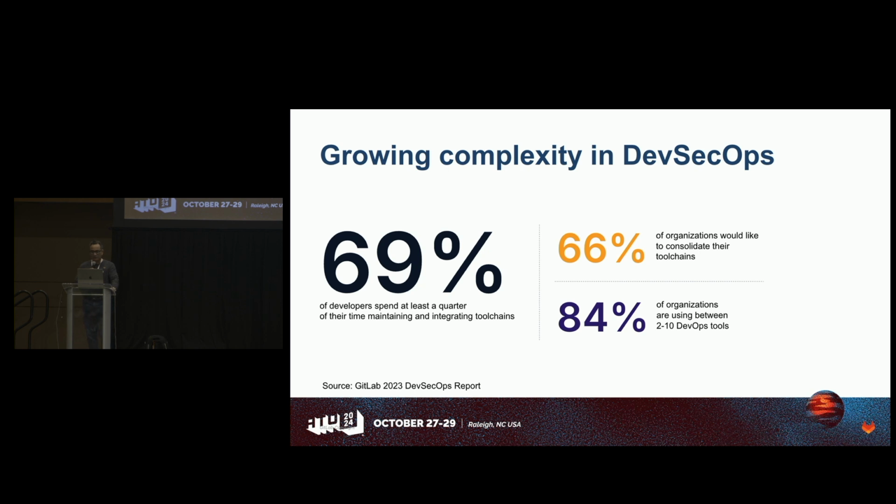Also, and lastly, 84% of organizations are using between 2 to 10 tools. Okay, as I mentioned, a typical situation is Jira, GitHub, Circle CI, I'm sure you've heard of that, or Jenkins, and Datadog, etc.